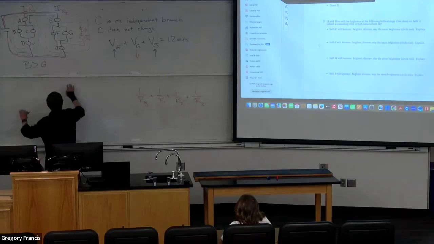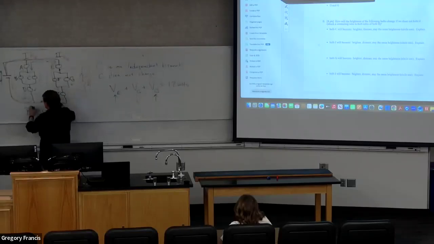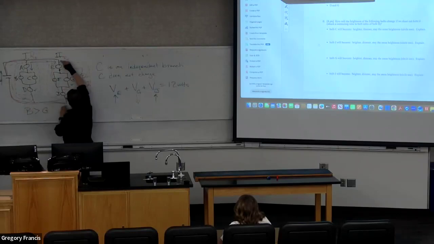And the reason for that is that if they have their own connections to both sides of the battery with nothing but wire, I've got 12 volts from here to here, regardless of what I do to this branch. Likewise, I have 12 volts from here to here, regardless of what I do to that branch.